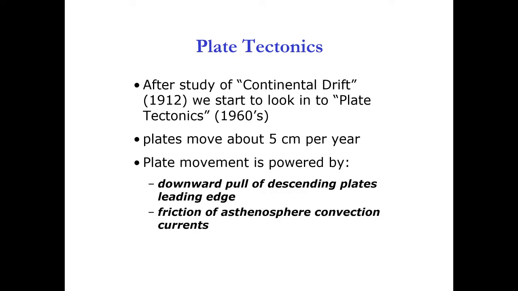Simultaneously with that happening, the friction that's occurring in the asthenosphere creates the convection current, okay? And the convection current itself is what allows the asthenosphere to be plastic. So if you've ever seen a convection oven, it allows for things to be evenly cooked, evenly heated. Remember, the asthenosphere is the upper part of the mantle.